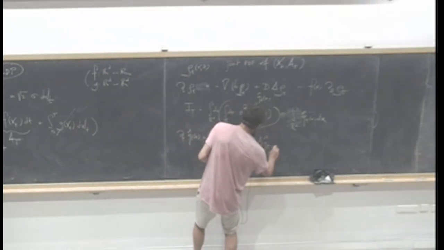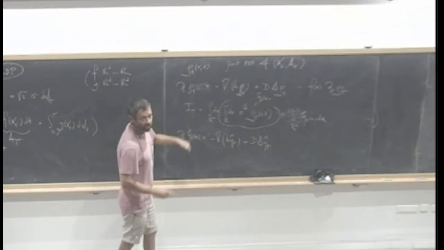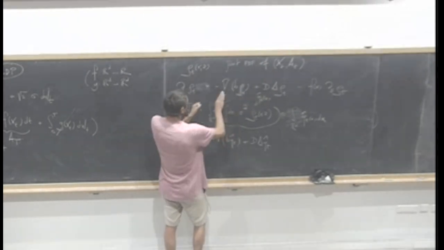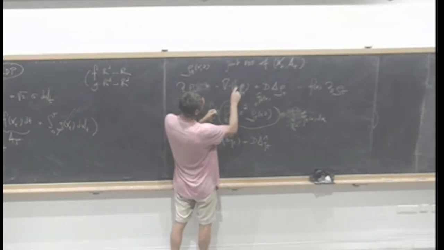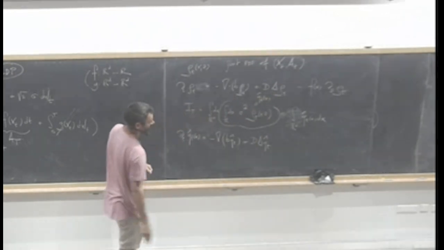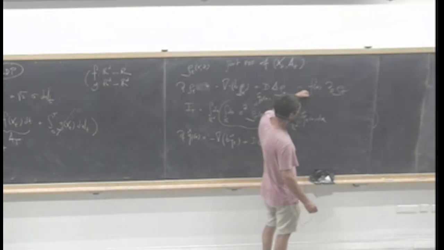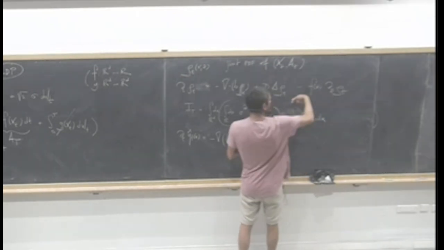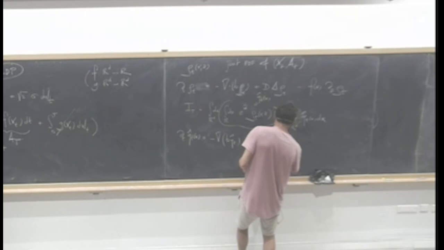This is because there is no a in these terms, so I can put the e to the a inside, the integral goes across all of the divergences, and it's directly this and both these terms, and so I get the equation that's below. This one here has an e to the a there, so you integrate by parts. That changes the sign, you get back the e to the a, and so you get this.